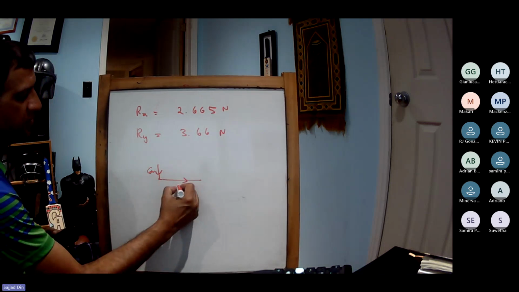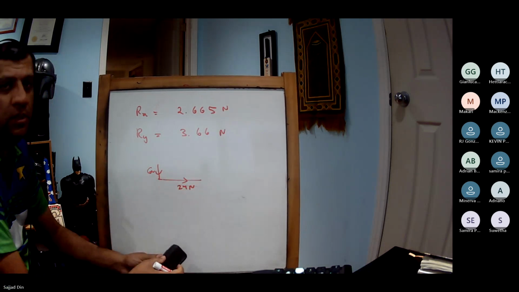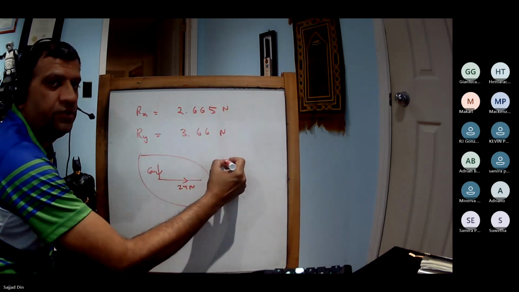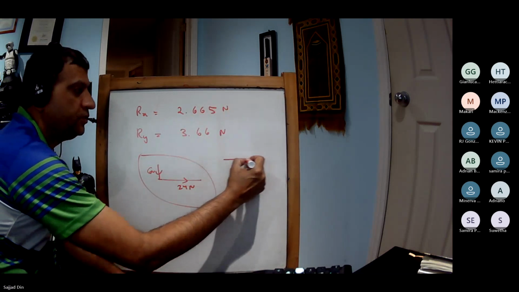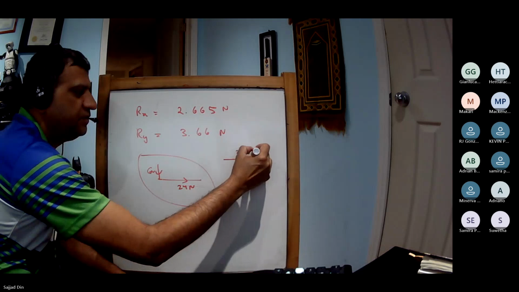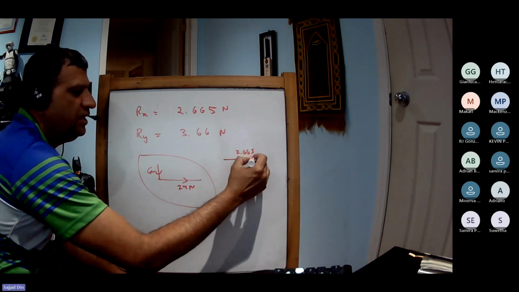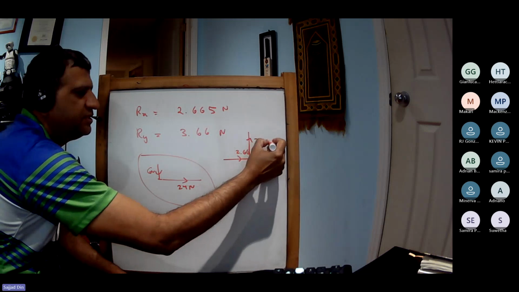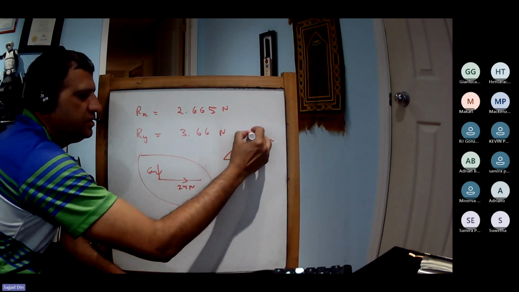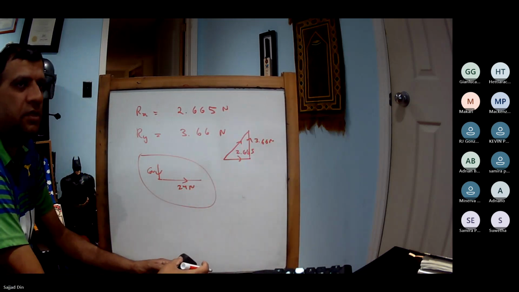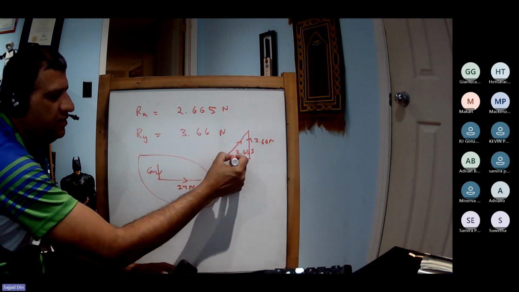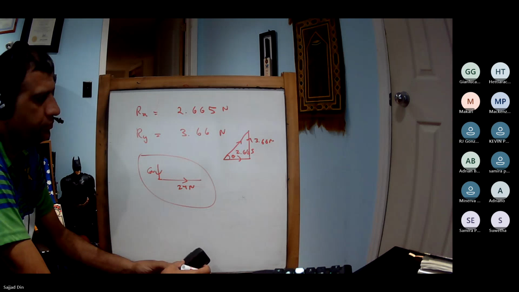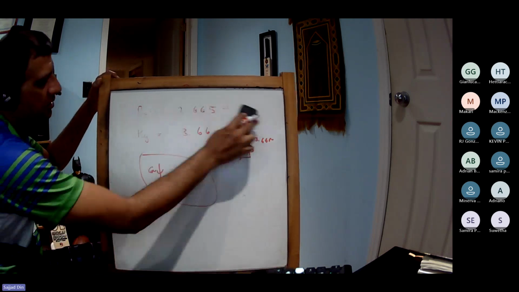And this was positive 24. So in this case, we've got 2.665, and the way I like to draw it is like this, 3.66. So the resultant, and then it's easy to find the angle.